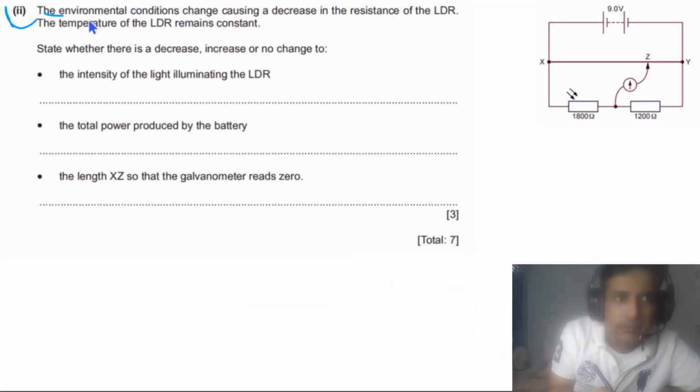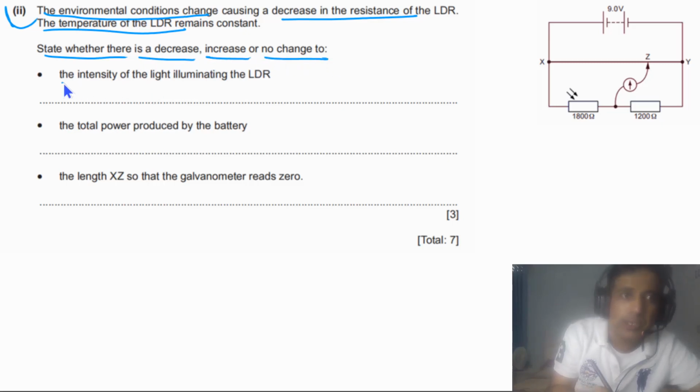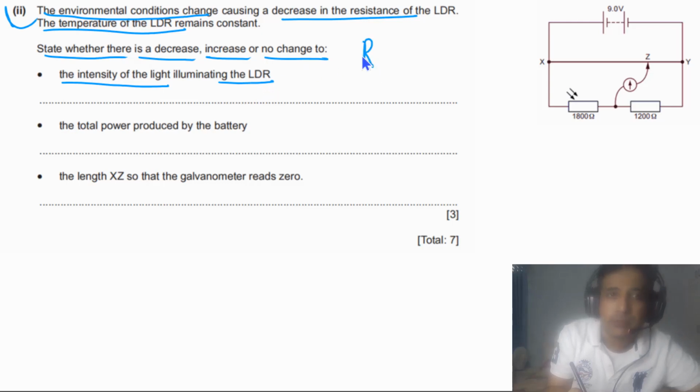The second part says the environmental conditions change, causing a decrease in the resistance of the LDR. The temperature of the LDR remains constant. State whether there is a decrease, increase or no change to the intensity of the light illuminating the LDR. So it is given to us that resistance of LDR decreases. If resistance of LDR decreases, it means the intensity of the light should increase.